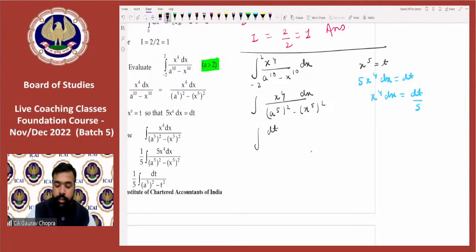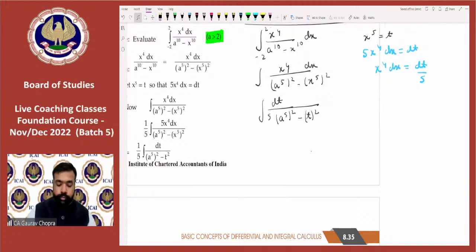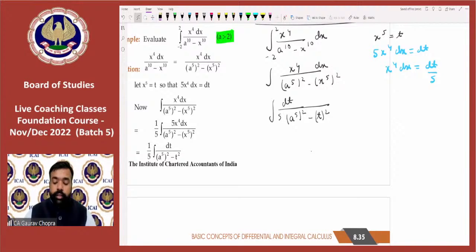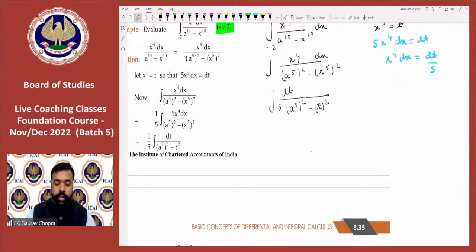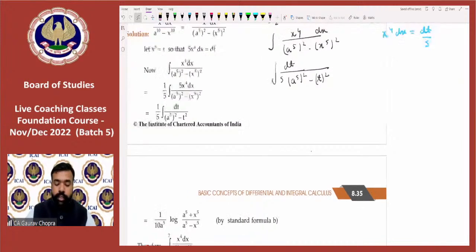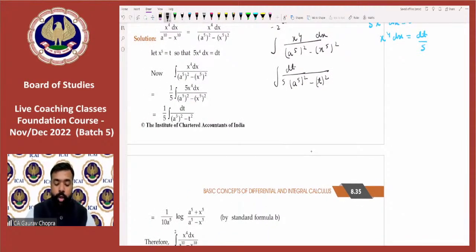So dt by 5. Then what is left? (a to the power of 5) square minus t square. This is available. Now what can be done? We can apply the formula of 1 upon a square minus x square.